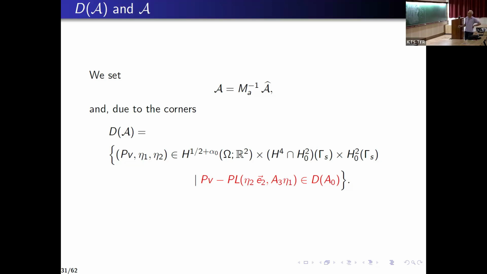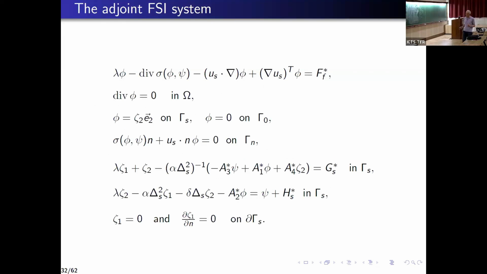Now the compatibility condition is not only between the velocity v and eta 2 due to the boundary condition v equal to eta 2 n, but we have also to take into account the fact that the divergence of v is no longer 0, it is equal to A3 eta 1. So it's a little bit more complicated, but it's doable.